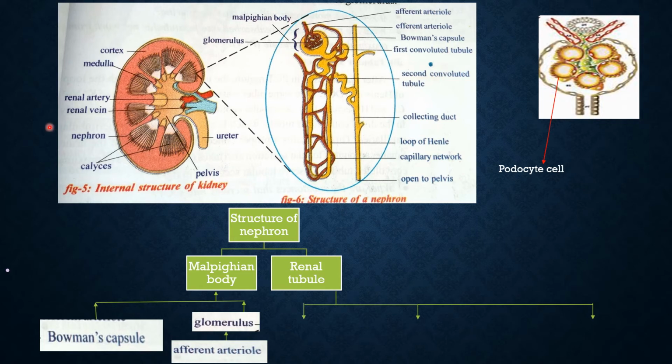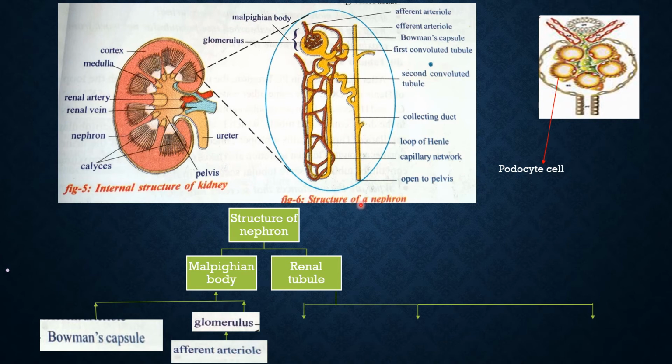Because it has a smaller diameter than the afferent arteriole, it creates some resistance to blood flow, producing a backup of blood in the glomerulus, which creates higher pressure in the glomerular cavity. The glomerulus functions as a filtration unit.